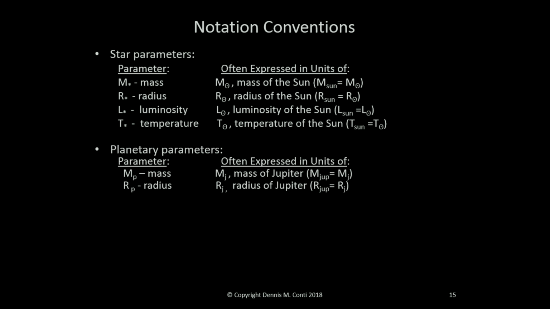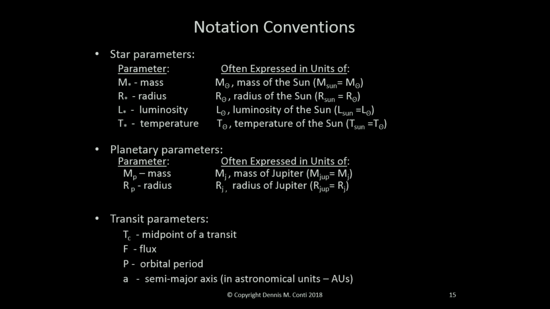Likewise, planetary parameters of mass and radius are often expressed in units relative to the mass and radius of Jupiter. Finally, different important transit parameters we should be aware of are, first of all, T sub c, which is the midpoint of a transit, F, the flux of a star, P, the orbital period of an exoplanet around its host star, and small a, which refers to the semi-major axis of the exoplanet's orbit.